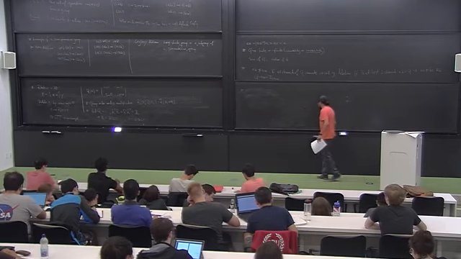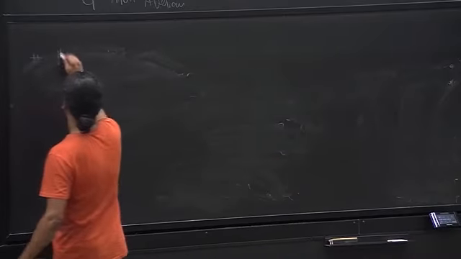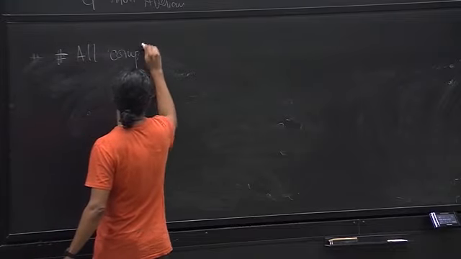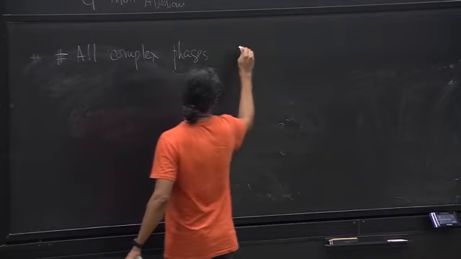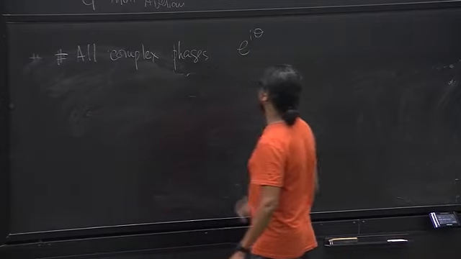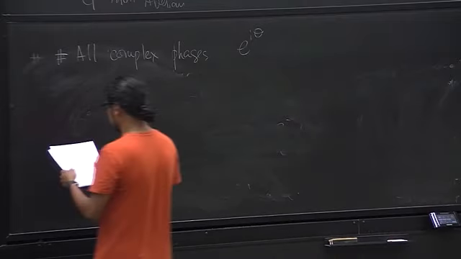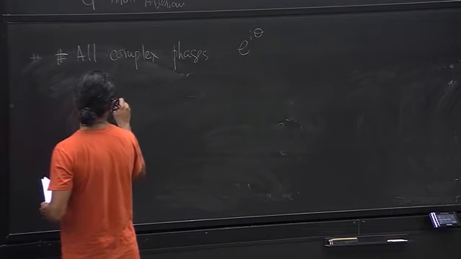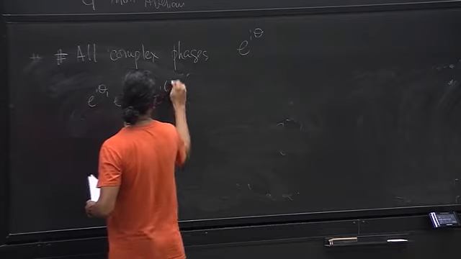So if you now consider all the complex phases, numbers of this form, they form a group under multiplication, as you all know.